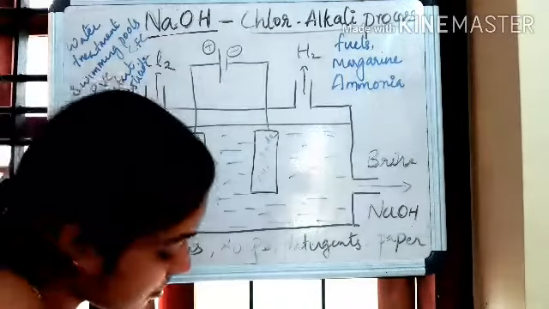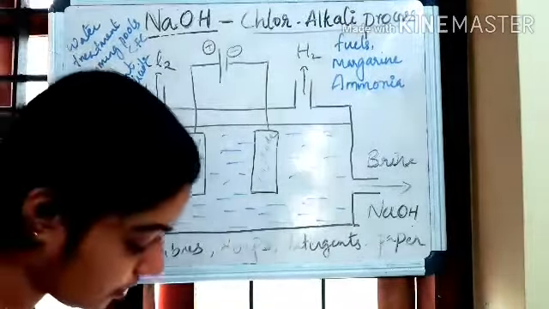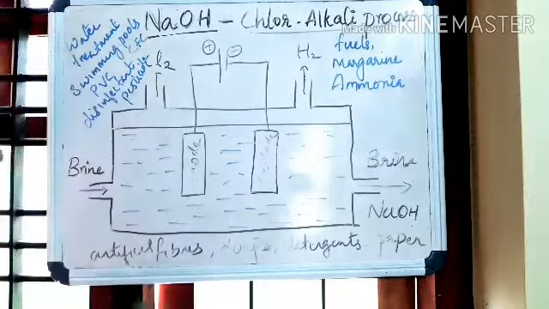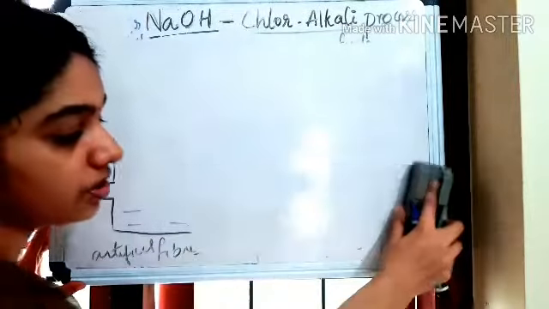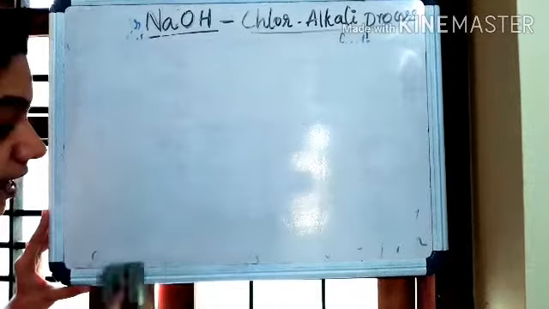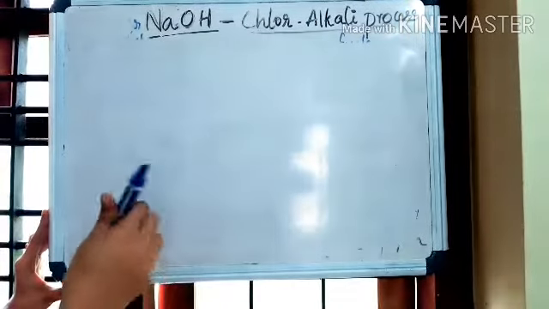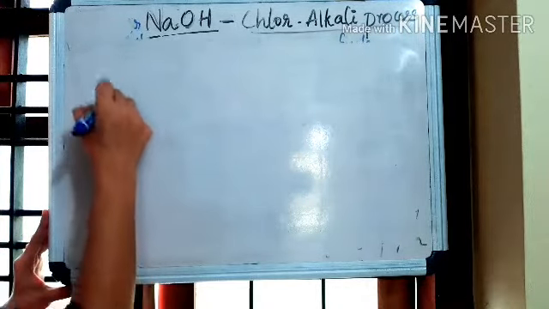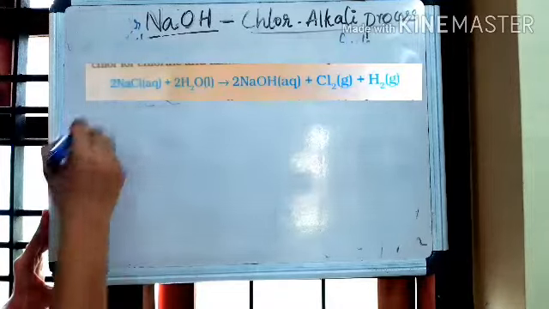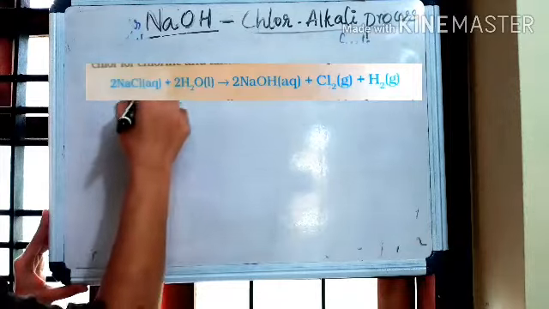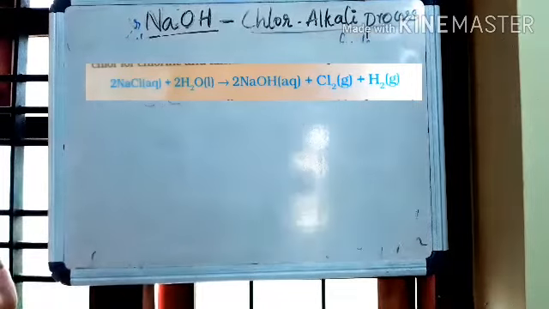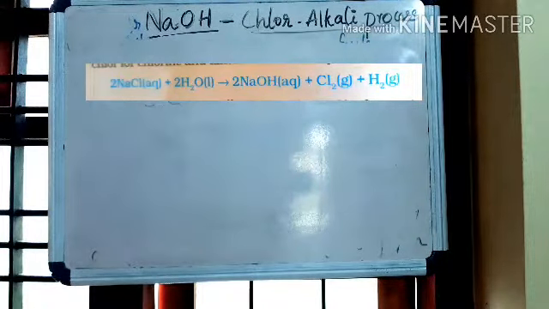Okay, now we can write what is the reaction involved in it. Can we balance that reaction and write it over here? It is prepared using sodium chloride, NaCl, right?